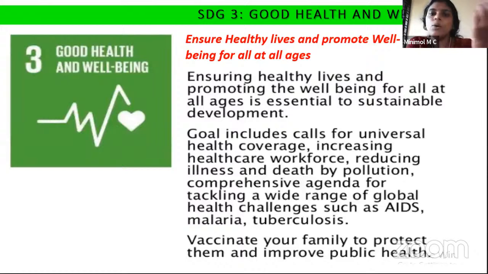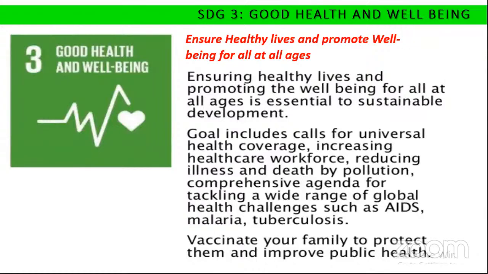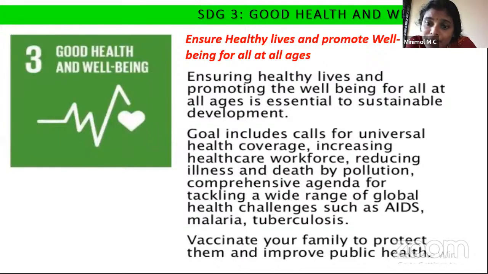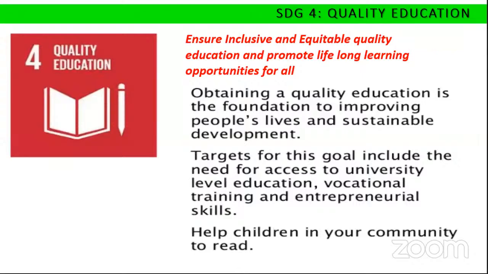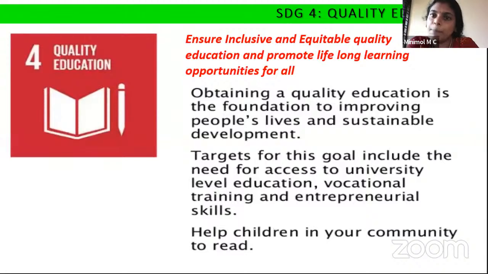It basically calls for universal health coverage, increasing the healthcare workforce, reducing illness and death by pollution, and a comprehensive agenda for tackling a wide range of global health challenges such as AIDS, malaria, tuberculosis, etc. SDG 4 is quality education. The purpose is to ensure inclusive and equitable quality education and promote lifelong learning opportunities for all.